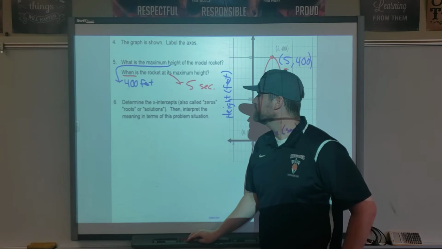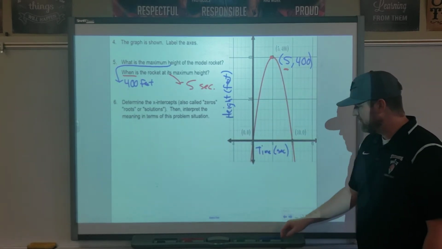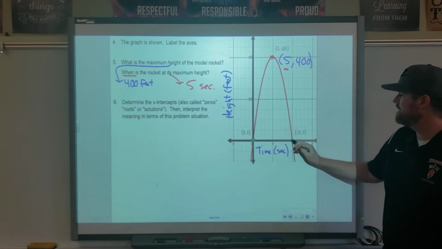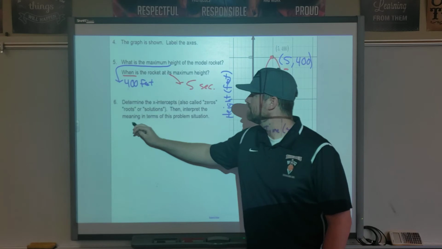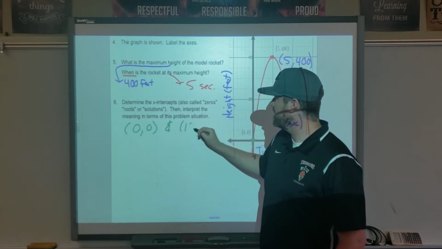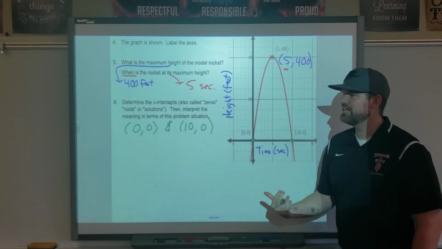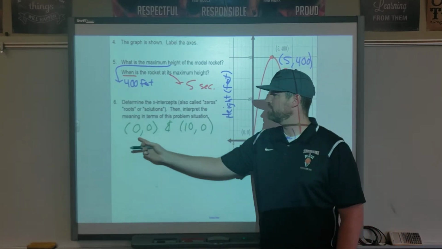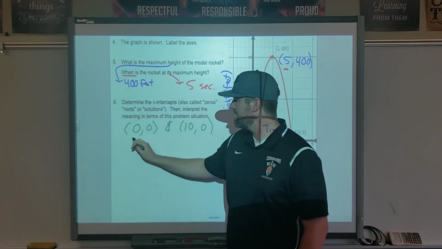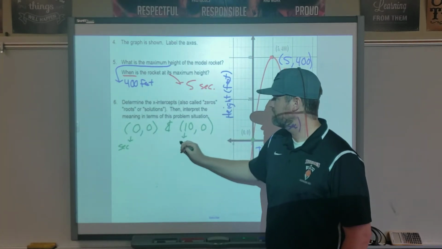All right, determine the x-intercepts, then interpret the meanings. So our x-intercepts are at 0, 0, and 10, 0. And again, if you ever get stuck on an interpreting question, just go back to what is the x representing, what is the y representing. So x is representing time in seconds, right?